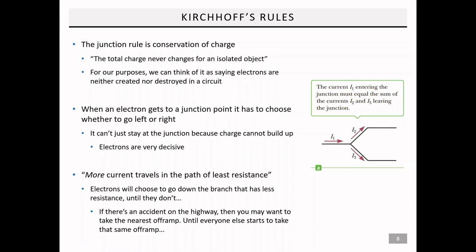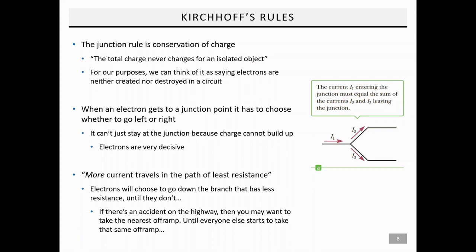Now you may have heard this saying before, that current always travels the path of least resistance. This is not entirely true. Technically speaking, you should say that more current travels the path of least resistance. As we saw in the previous example, both the 7 and the 10 ohm resistors both had current traveling through them.